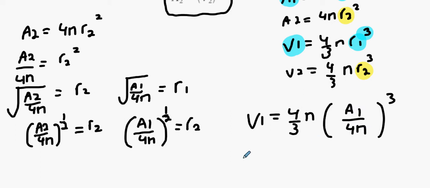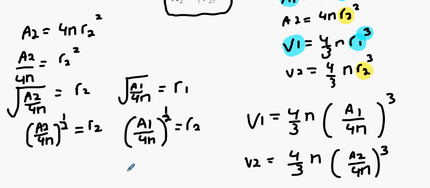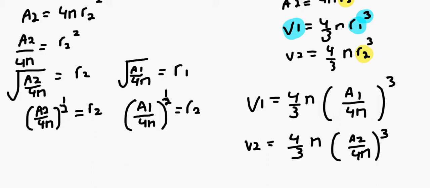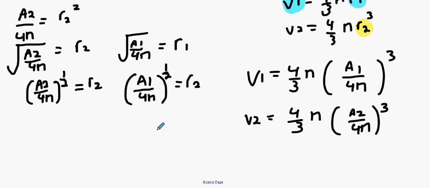And what's going in for V2? 4 over 3 pi, and over here, A2 over 4 pi cubed. We all good so far? Now, oh, I forgot the power of a half, so I'm just going to slot that in here.